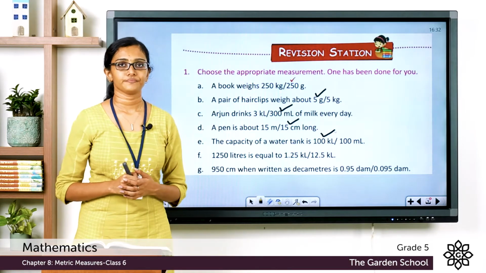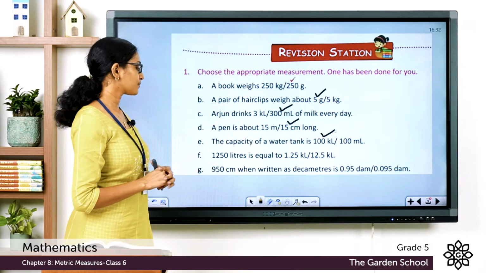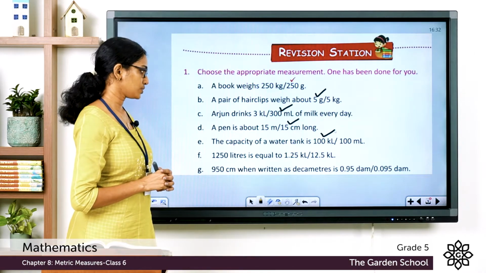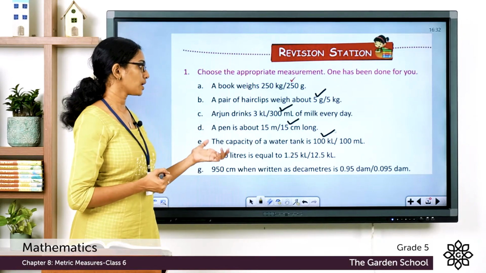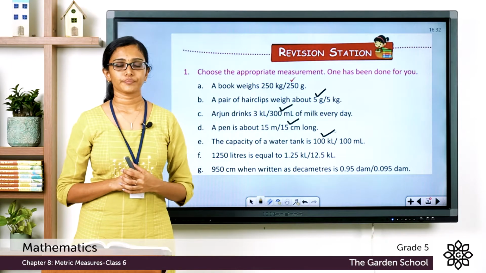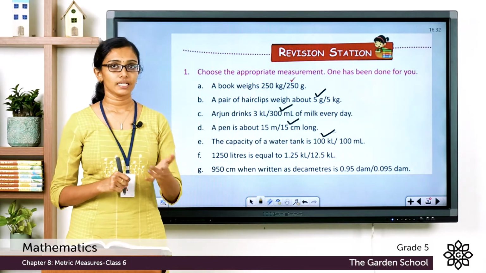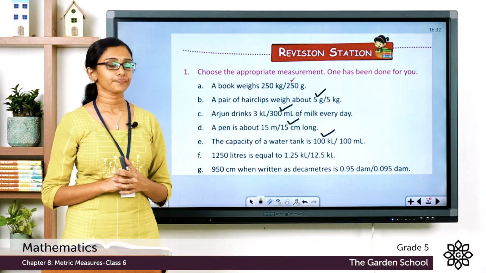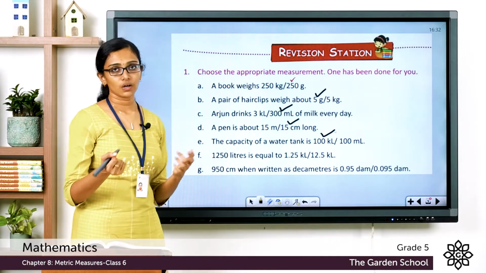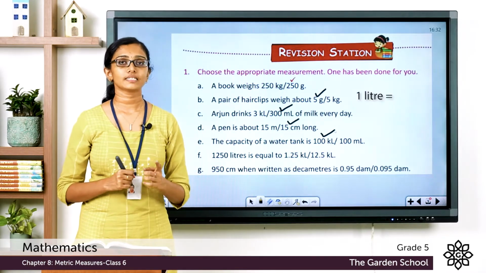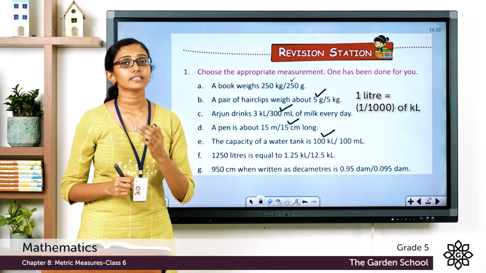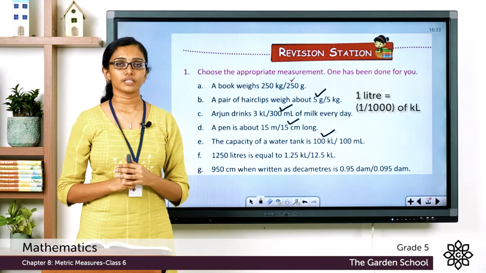Now F. 1250 liters is equal to 1.25 kiloliters or 12.5 kiloliters. So how do you convert between liters and kiloliters? You know, 1 kiloliter is equal to 1000 liters. So you can say 1 liter is equal to 1 by 1000 of a kiloliter.